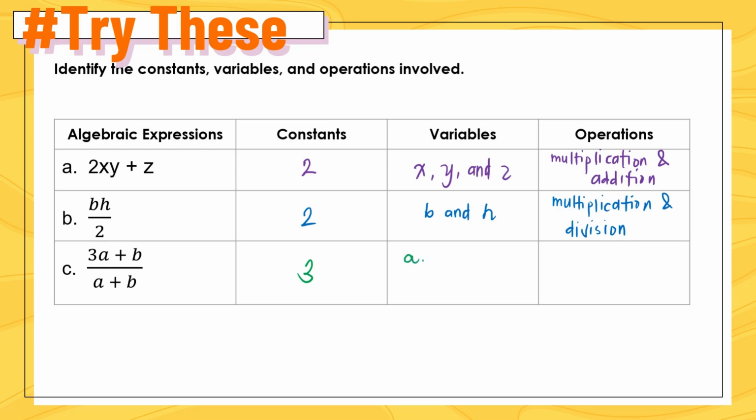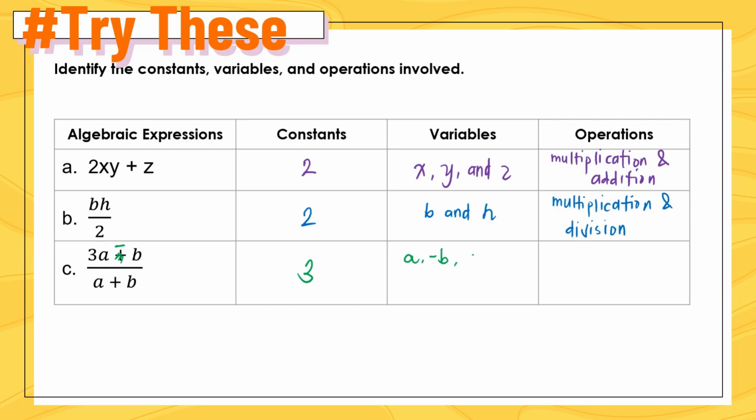Let's write it here one by one. Oh, by the way, I made a mistake in the algebraic expression given. This is supposed to be 3a minus b over a plus b. Right? Okay. So, we got a. Another variable, we got negative b.